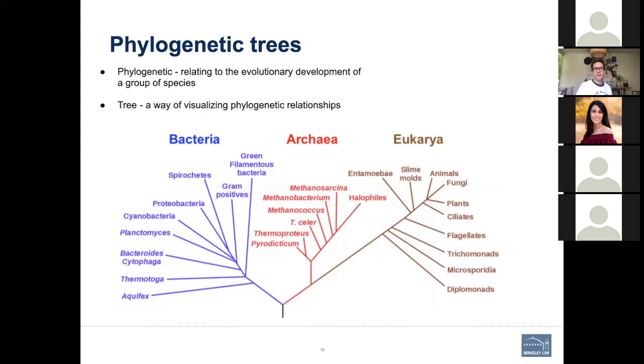Phylogenetic just means relating to the evolutionary development of a group of organisms. And a tree is just a diagram that we use to illustrate those phylogenetic relationships, just how organisms are related to each other through evolution. And we infer that from similarities in their DNA.